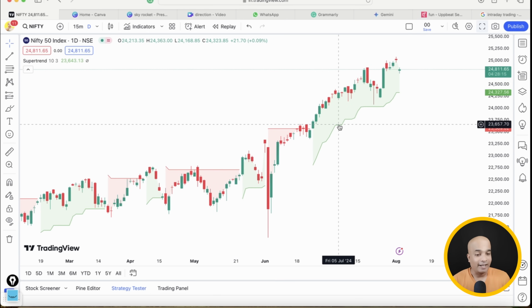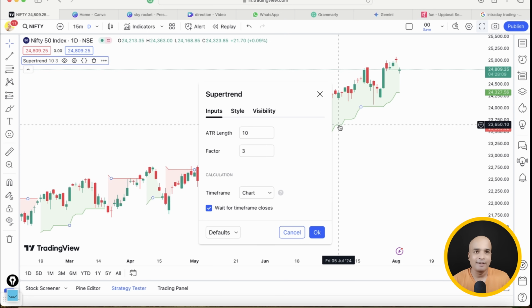Basically, the interesting part of a Supertrend indicator is that by itself it is not an independent indicator. It is not a standalone indicator. It uses the ATR indicator. There are two important parameters in the Supertrend indicator: one is the ATR length, and the other is the multiplication factor.